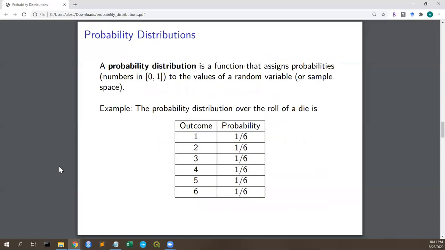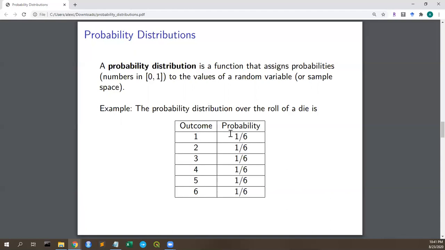So a probability distribution is all of the likelihoods of all of the occurrences. So in a dice roll, you have 6 possible outcomes. Each of them has the same level of likelihood, or the same probability. So they're all about 1/6.